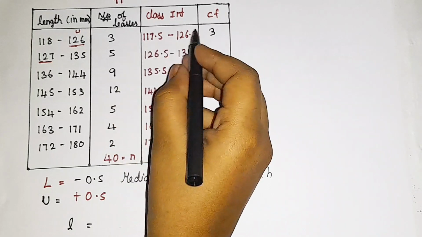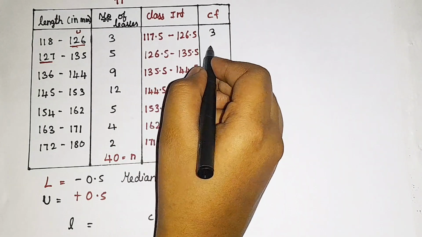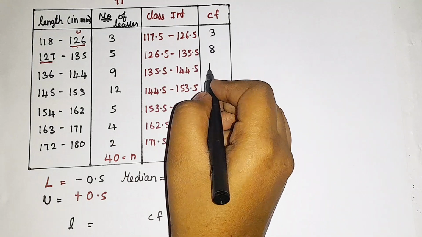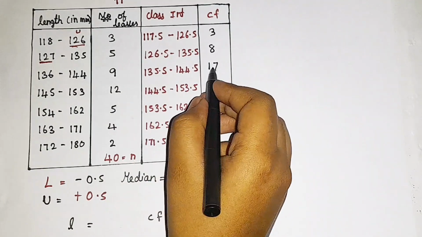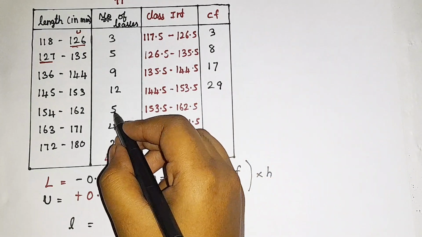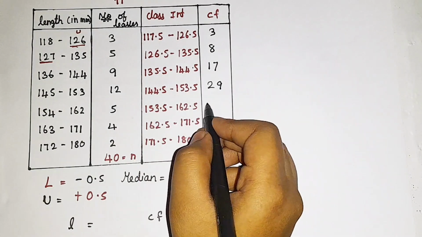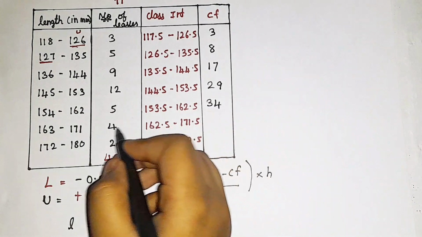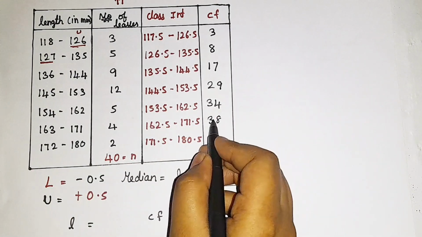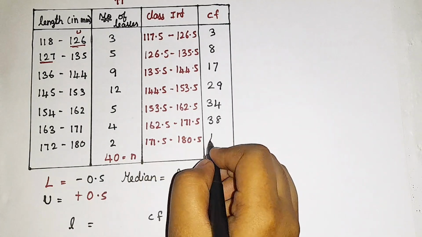Okay, so 5 plus 3 is 8. 9 plus 8 is 17. 12 plus 17 is 29. And 5 plus 29 is 34. And 4 plus 34 is 38. And 38 plus 2 is 40.